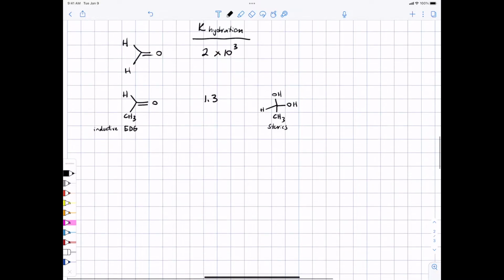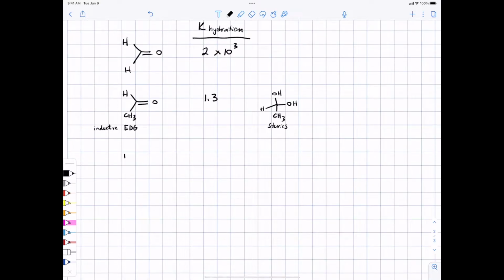So there's both steric and electronic factors. Here's an example that illustrates the importance of electronic factors. We're putting an electron withdrawing group on the alpha carbon, and suddenly we jump back up even higher than we were when we started, right?